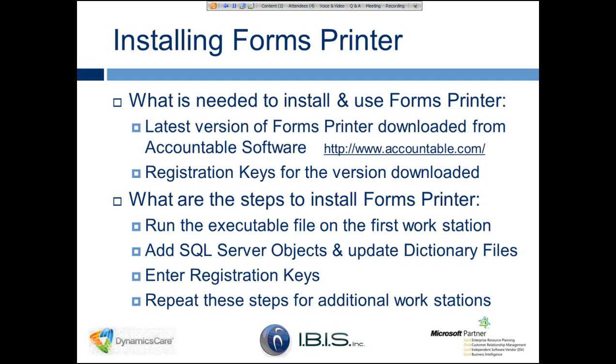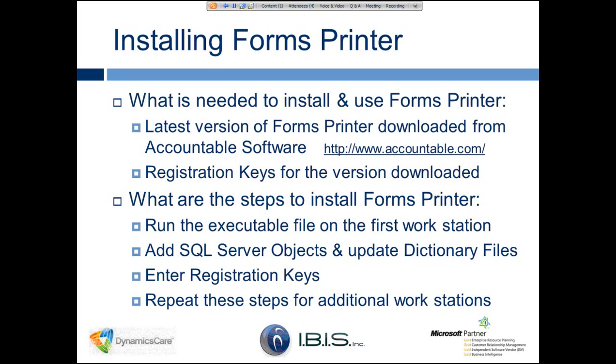So the basic steps when installing Forms Printer: once you have downloaded the file from their website, you just run the executable file on the first workstation and follow the wizard that comes along with it. It's fairly self-explanatory. You then run the Microsoft Utilities, and you want to do so as an administrator, and add the SQL Server objects and then update the dictionary files.